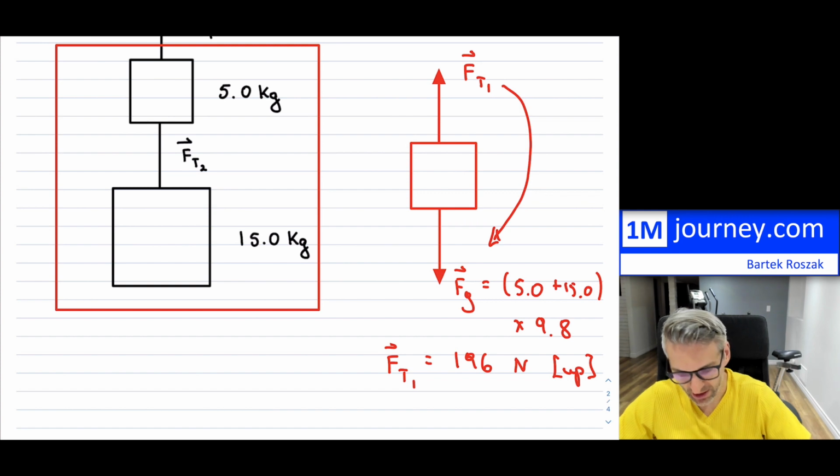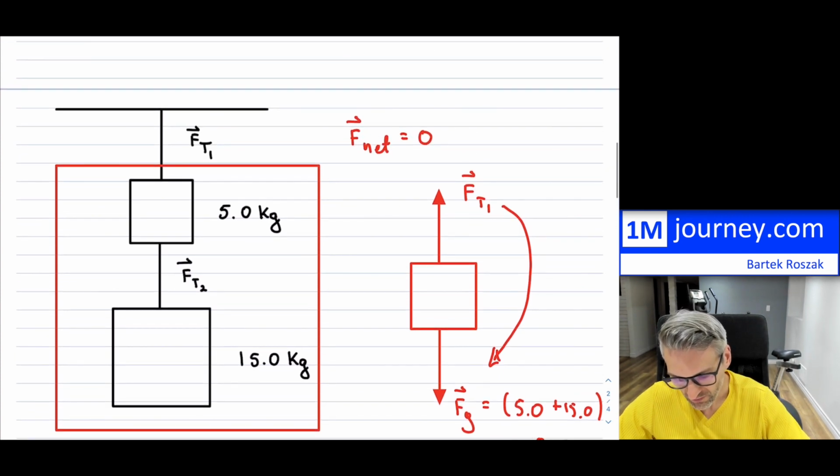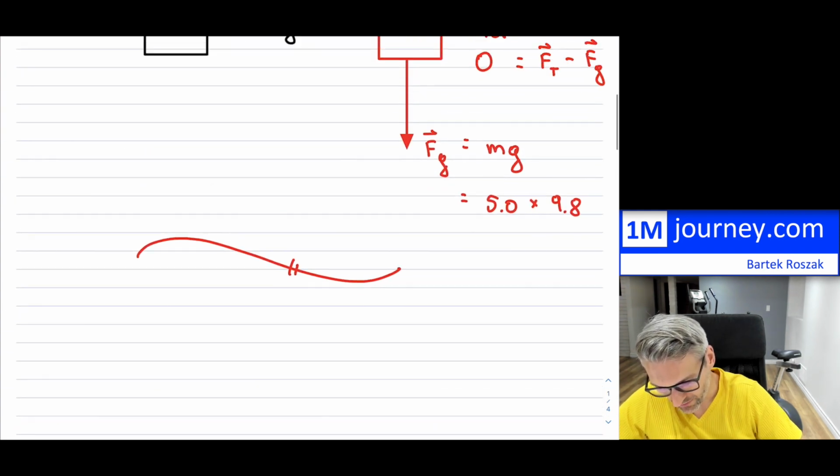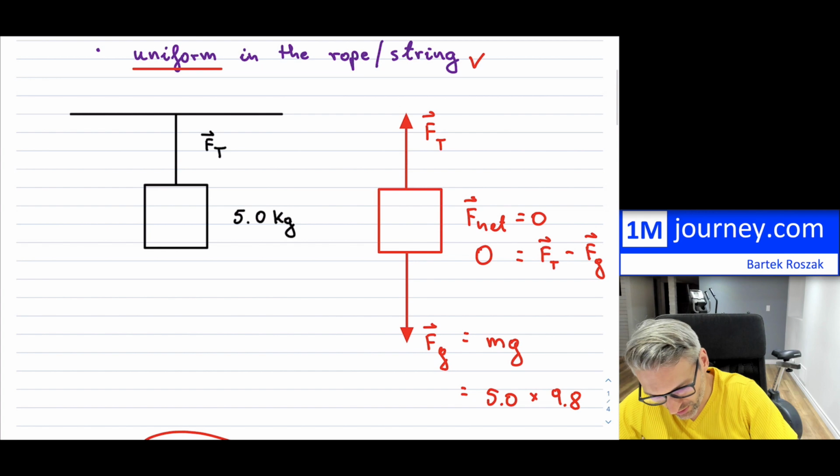Now, the other item that I didn't mention, and I should have maybe mentioned it in the previous example, is that if I come back over here, this force of tension is in this direction. You might say this is carried through all the way, and that is true indeed.